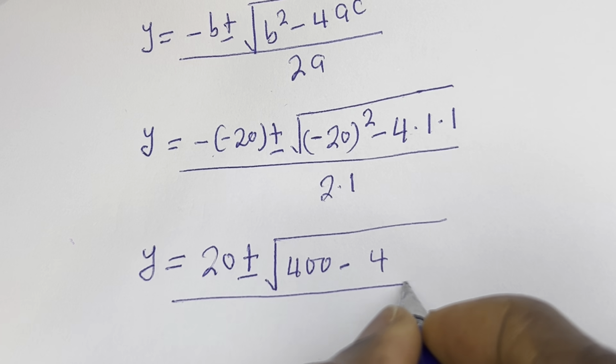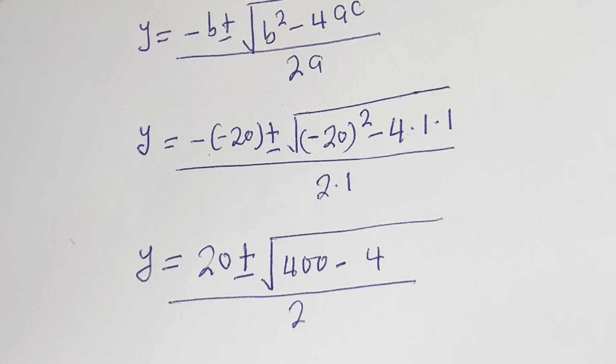Then everything divided by 2 multiplied by 1, 2.